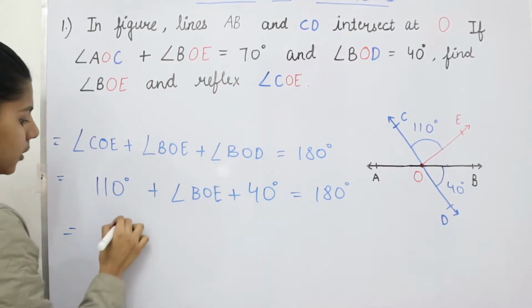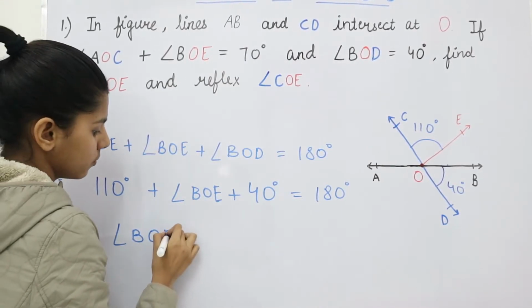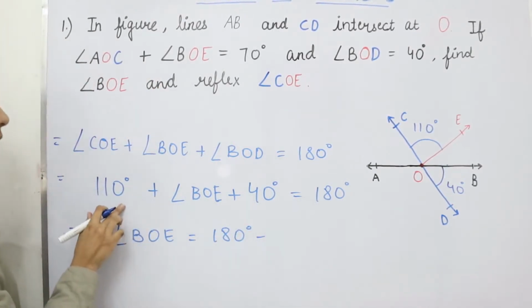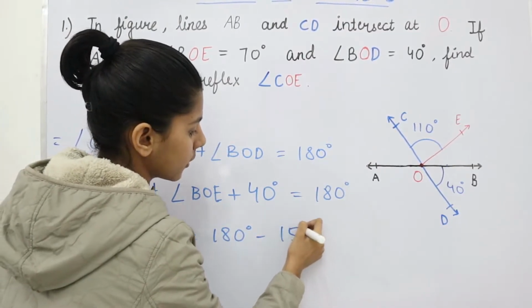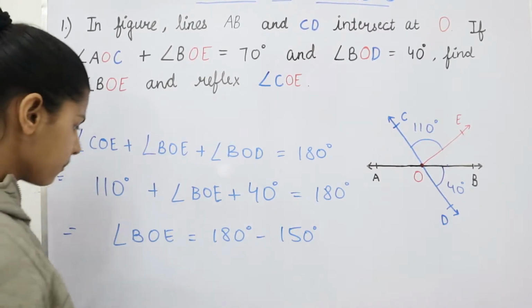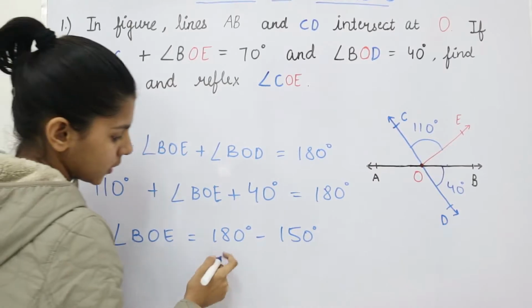Now angle BOE will be equal to 180 degrees minus, now 110 degrees plus 40 degrees, it will be 150 degrees. So when 150 degrees moves to this side, it will become minus 150 degrees. So 180 minus 150 will be 30 degrees.